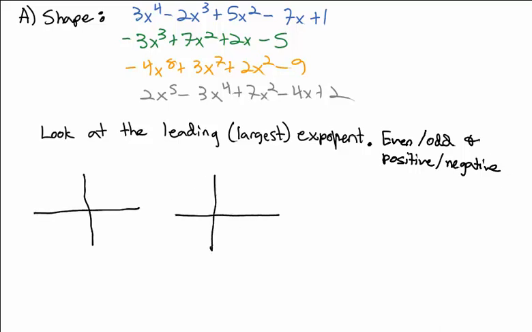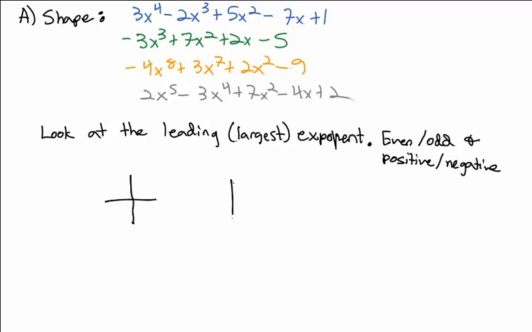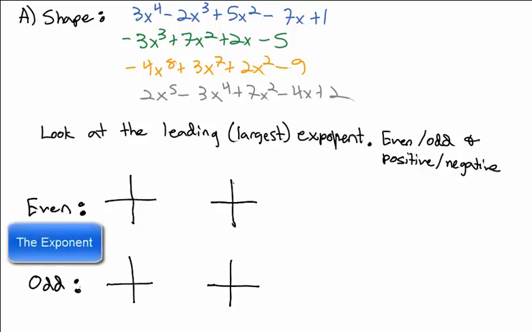1, 2, actually let's do it this way. 1, 2, 3, 4. And how we're going to label this is going across, these top 2 graphs are going to represent even leading exponents. The bottom 2 graphs are going to represent odd leading exponents.